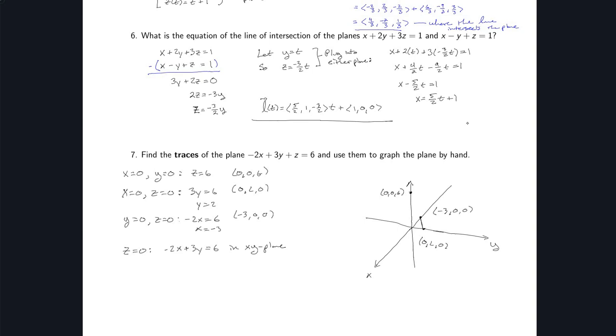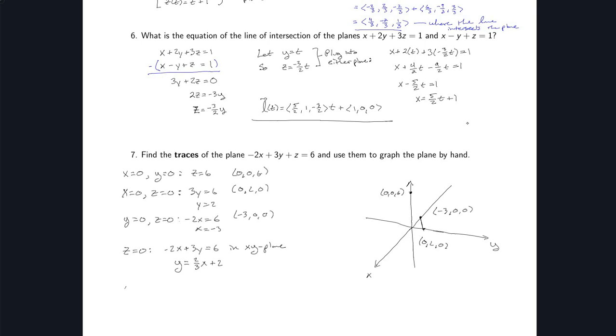So we could solve for y here: y equals 2/3 x plus 2. So if x is 0, y is 2. And if x is negative 3, we'd get y is 0. So that gives us these 2 points right here.